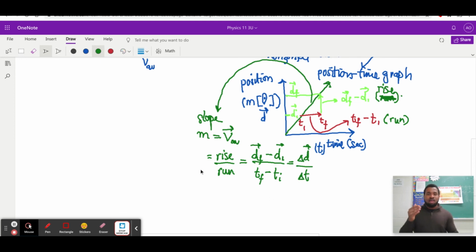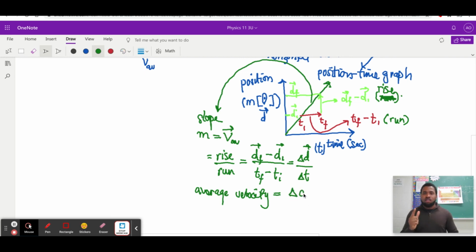And this is how you're able to determine the average velocity of our specific object, and how this is truly different from the average speed, because the average speed just takes into account the total distance. However, the average velocity takes into account the total displacement or the change in our position.